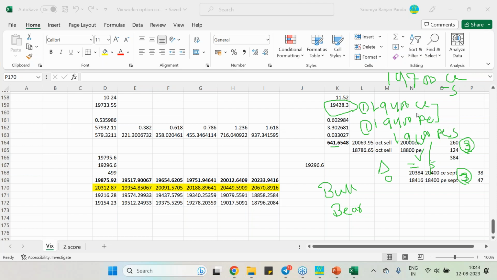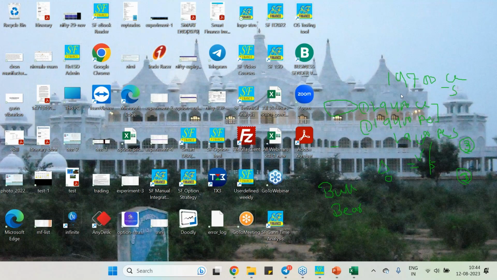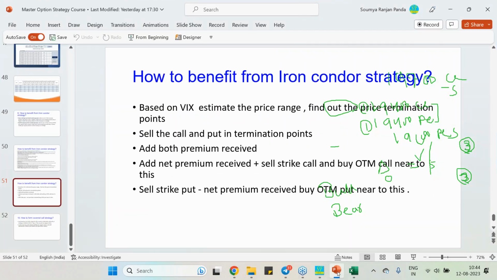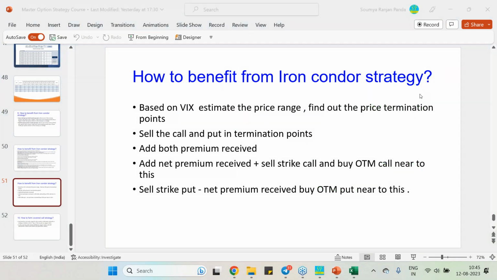Iron condor benefit will be intact, and at the same time you can utilize this. Even if it is given, you cannot use it because it has a great deal of complexities, and it requires a kind of arranged money.